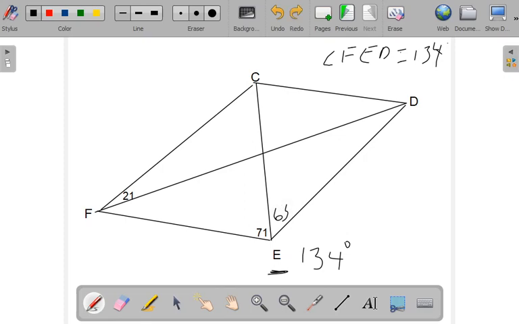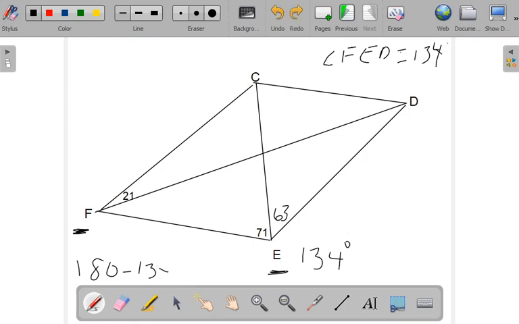Let's write that a little better here. 63. So we have those angles. So we are given this other angle over here. Just part of it is 21. So to find the entire angle F, we could take 180 and subtract 134 because we know consecutive angles are supplementary.